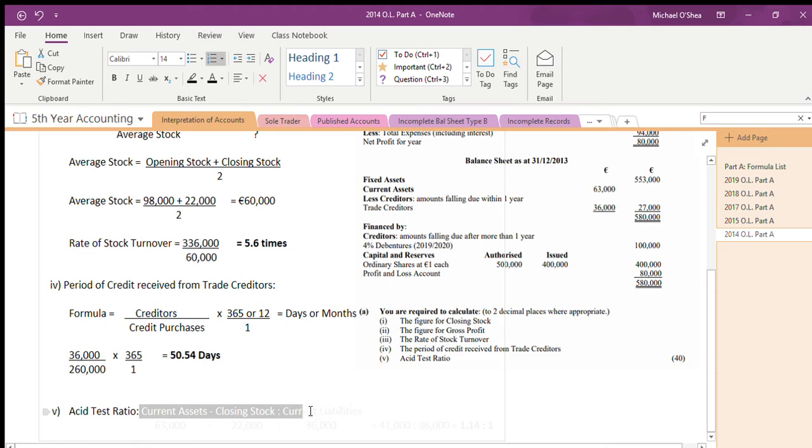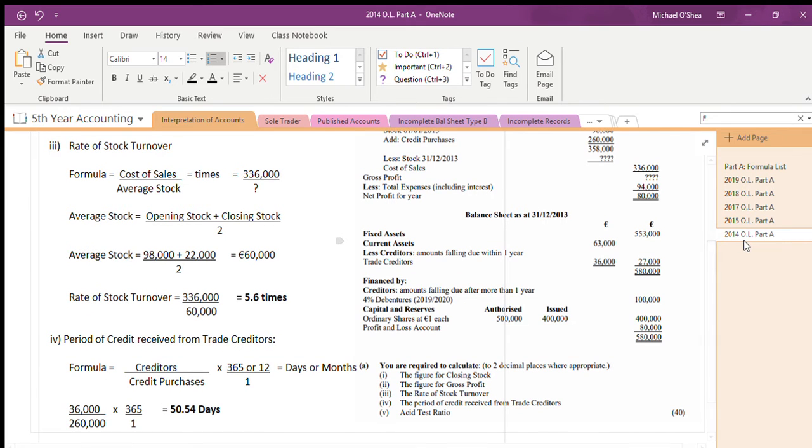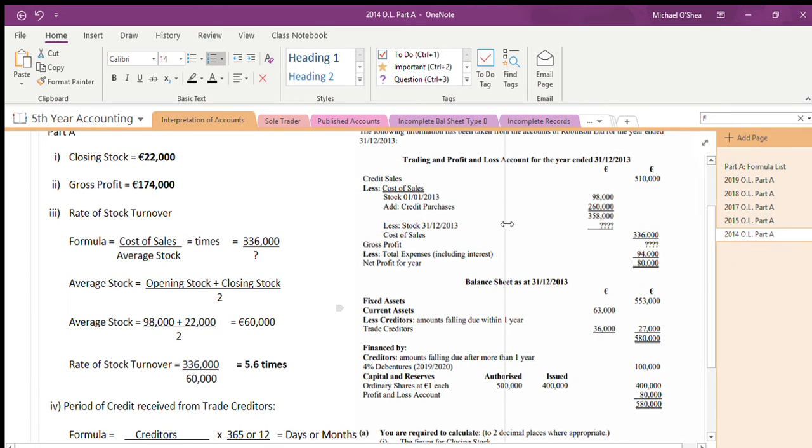Acid test ratio is the last one here. My acid test ratio is my current assets minus my closing stock is to my current liabilities. How do my current assets minus closing stock relate to my current liabilities? So my current assets given at 63,000. First of all, closing stock. My closing stock here, we worked it out at the start to be 22,000.